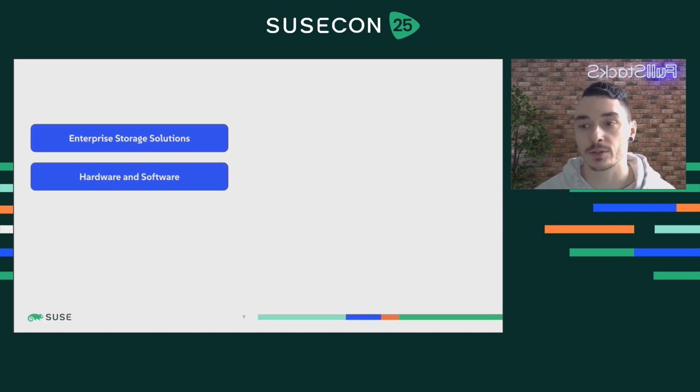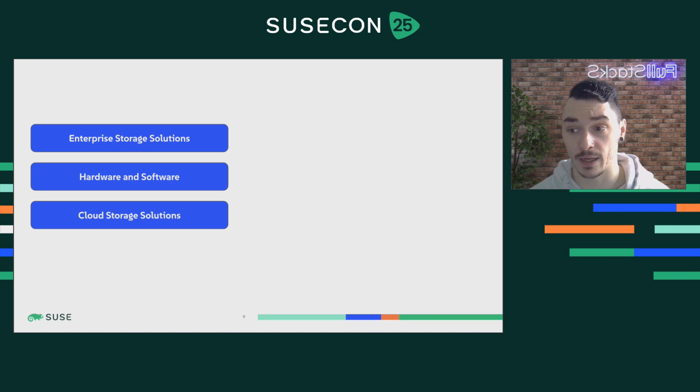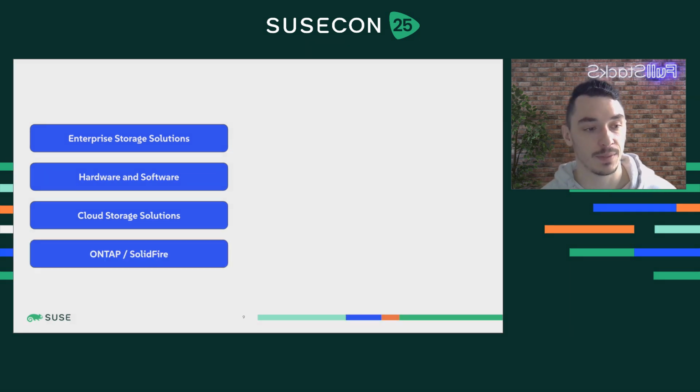They provide hardware and also software. So they not only ship the disks and the hardware, but they also provide some kind of storage operating system, Linux-based, of course, for their on-premise installations. They also provide cloud storage solutions for your typical public cloud providers. Gonna speak about that in a second, so bear with me.